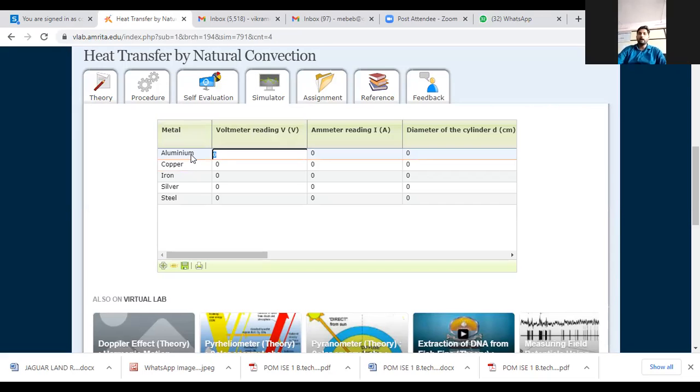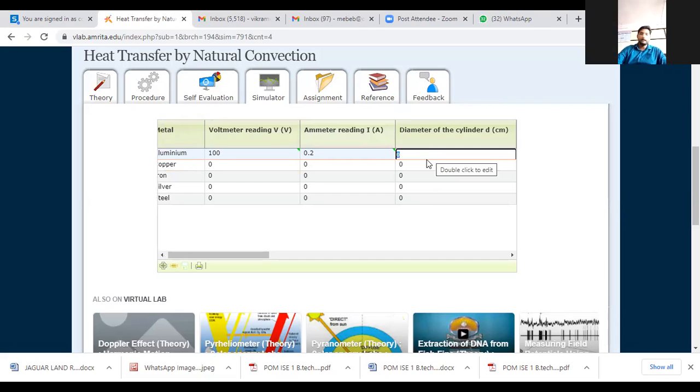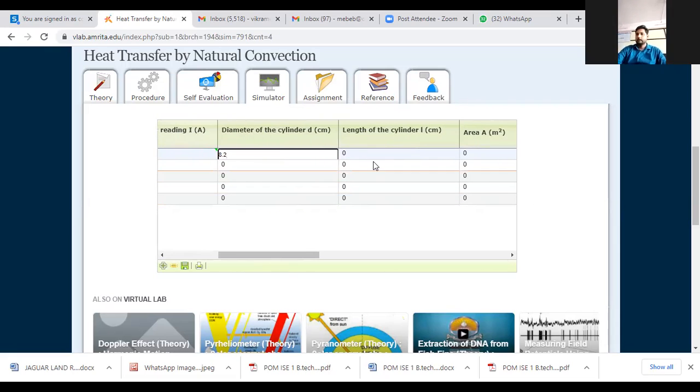Okay, so we have selected aluminum material first. For aluminum, we have provided 100 volts, and the current is 0.20. Then the diameter of the cylinder we have provided as 8.2 centimeter. Then the length of the cylinder is, I think, 57.